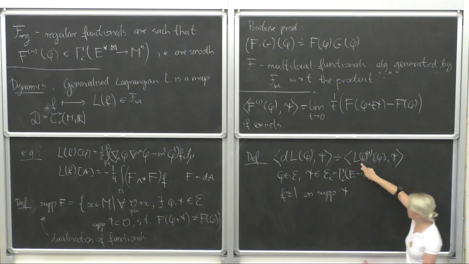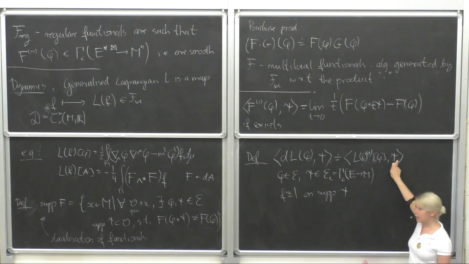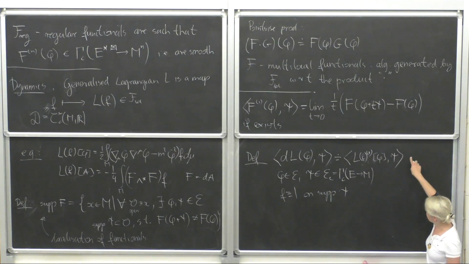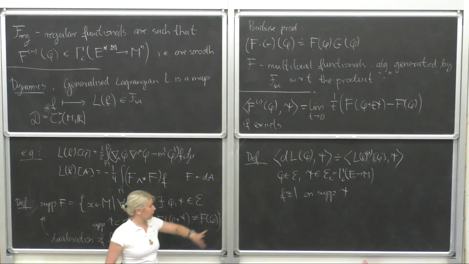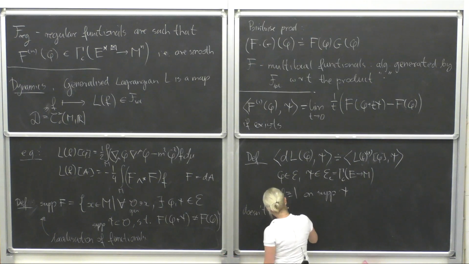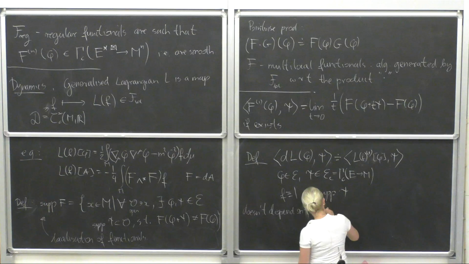So I take the variation of L of f at phi in the direction of psi, and I choose this cutoff to be 1 on the support of psi. That definition, because of locality, doesn't depend on the choice of f.